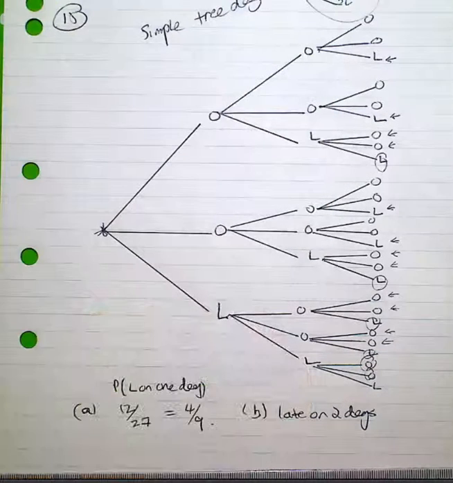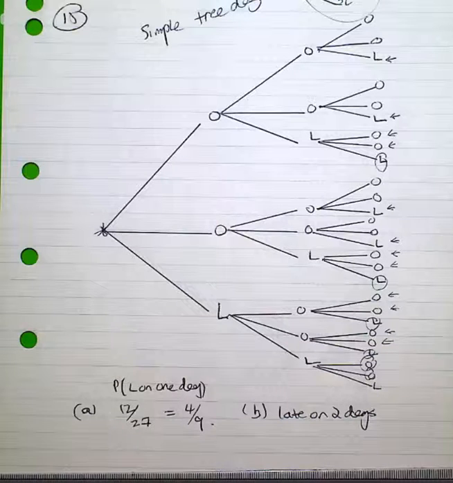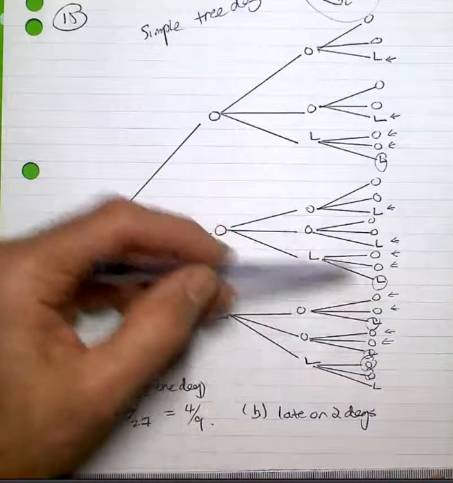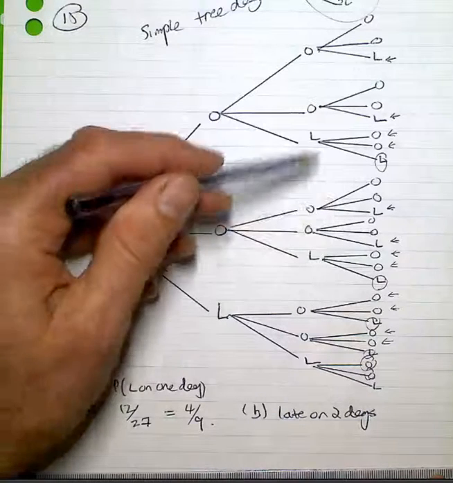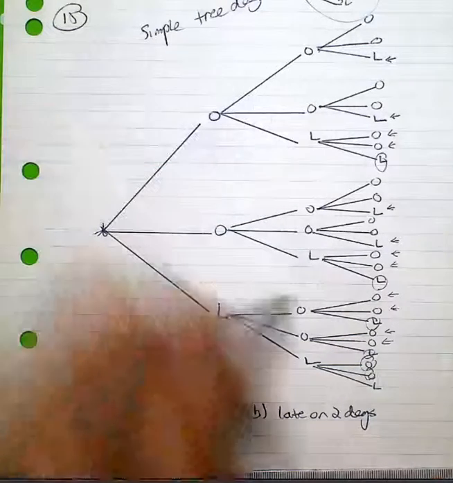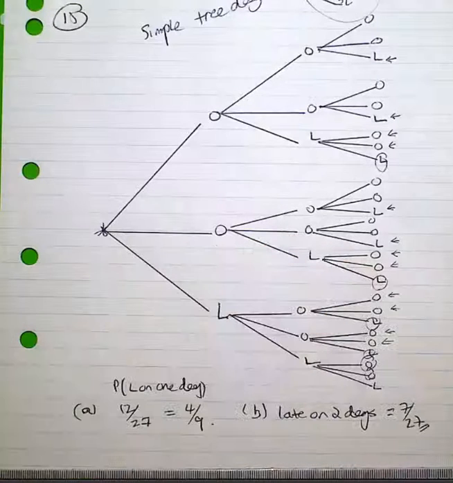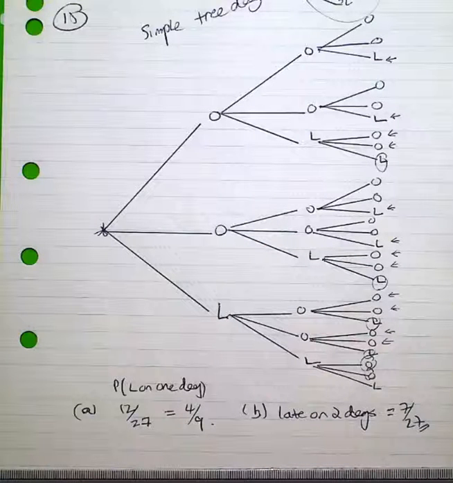So I end up with a total, which is 7. 3, 4, 5. So I end up with 7 once I check it through more thoroughly. 7 over 27. That'll be late on 2 days.